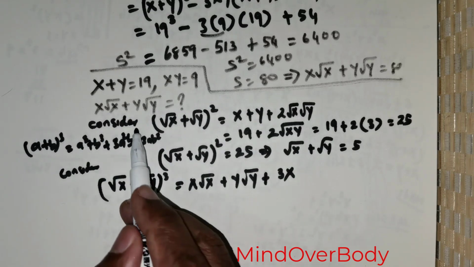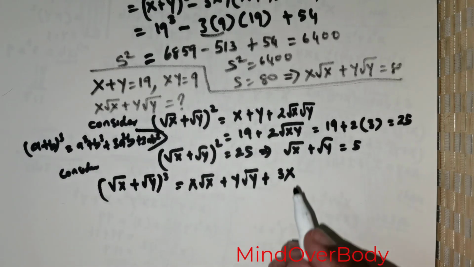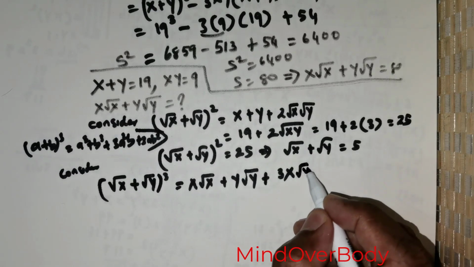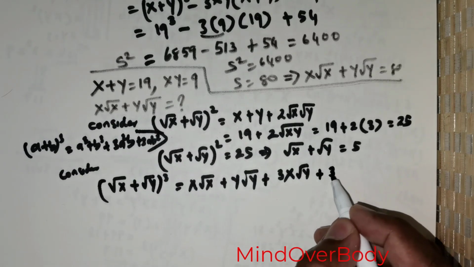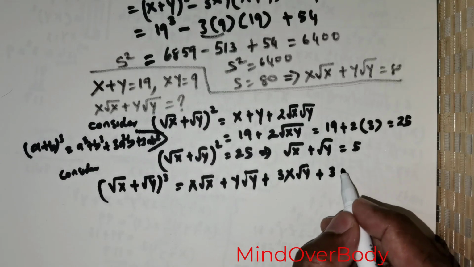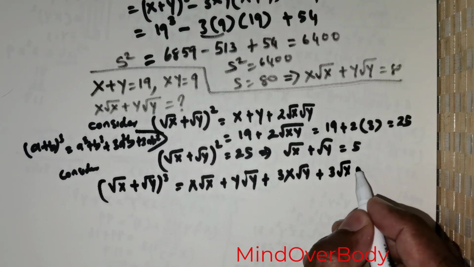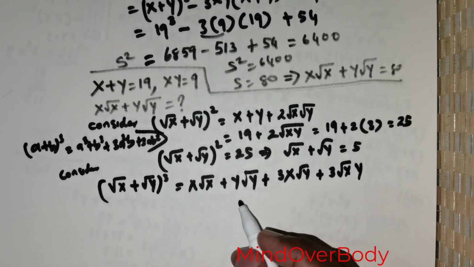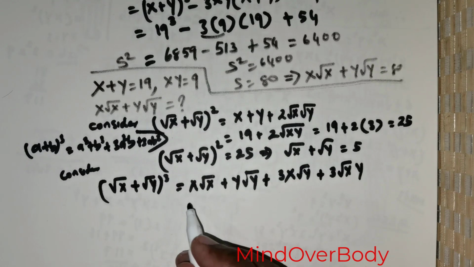So by this formula, this is going to be 3 times x times root of y followed by 3 times root of x times y. So let me write that down, root of x times y. So just by applying the formula we get this output.